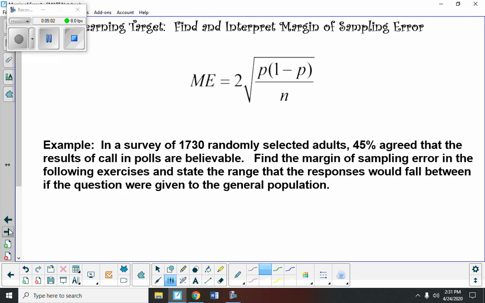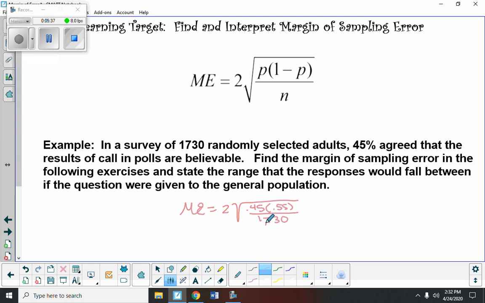All right, let's do one more here. In a survey of 1,730 randomly selected adults, 45% agreed that the results of call-in polls are believable. Find the margin of sampling error and state the range that the responses would fall between if the question were given to the general population. So the margin of error would be 2 times the square root of the percent, 0.45, times 1 minus 0.45, which is 0.55, over the number of people surveyed.